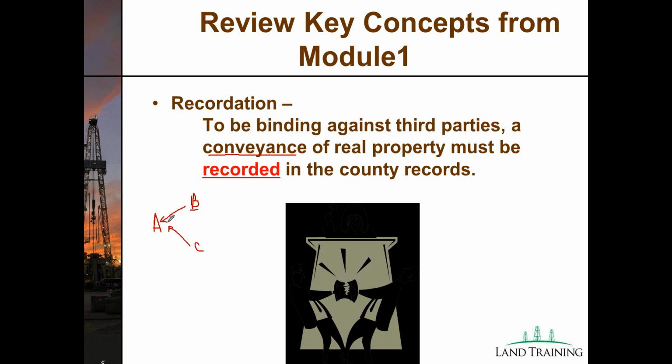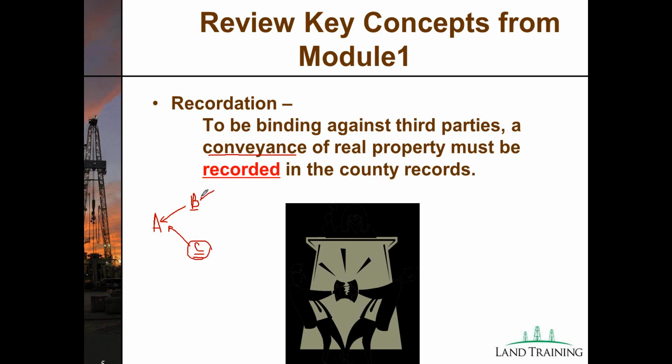And I don't say anything to C, and I just say, sure. So I get that same bonus and that same or even maybe a higher royalty payment. C then records the oil and gas lease first. Who owns the oil and gas lease?